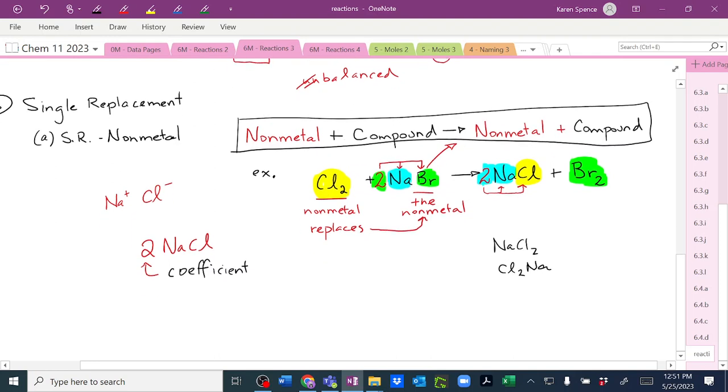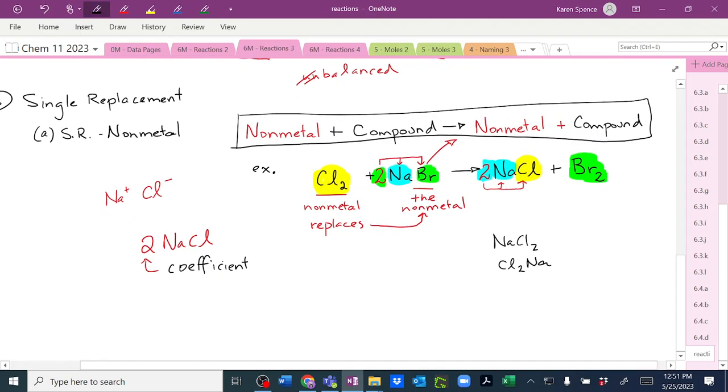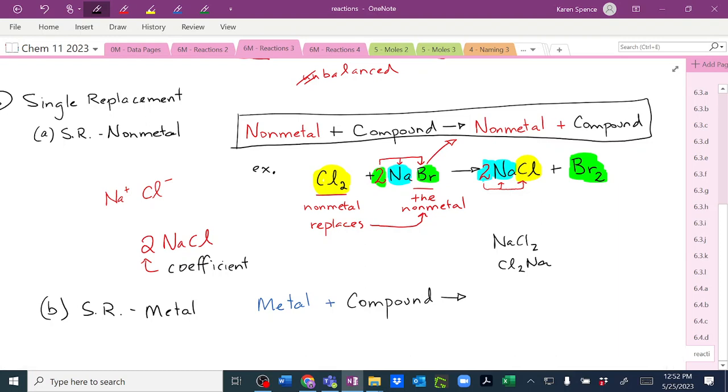What's the other type of single replacement we have? Single replacement metal. And that would look like metal plus compound gives, what would we get? Metal plus compound.